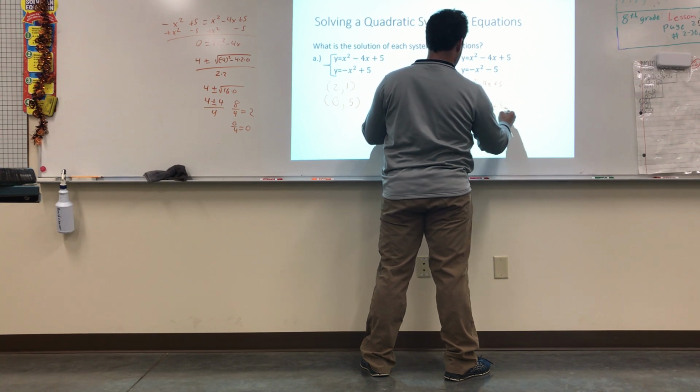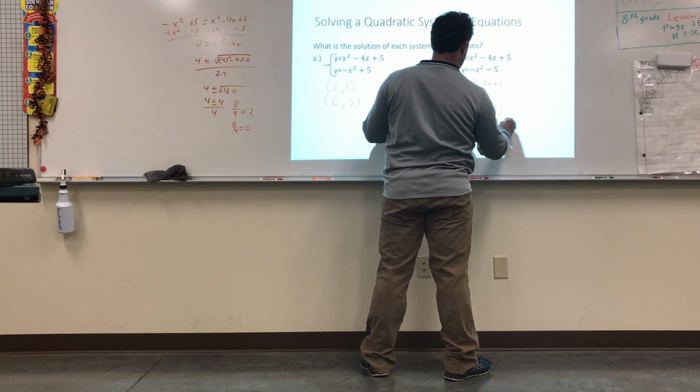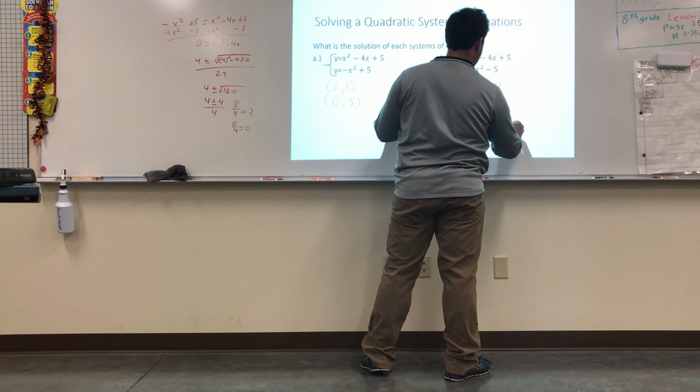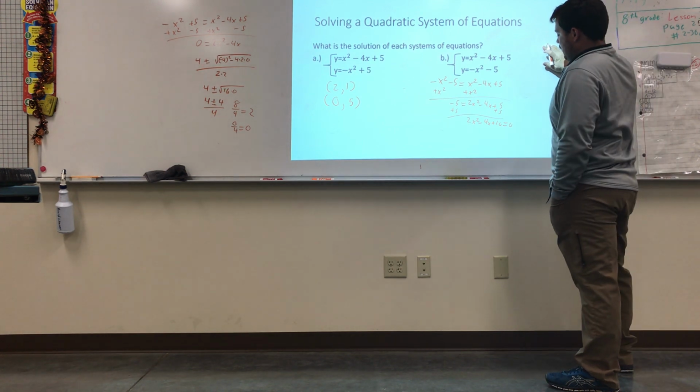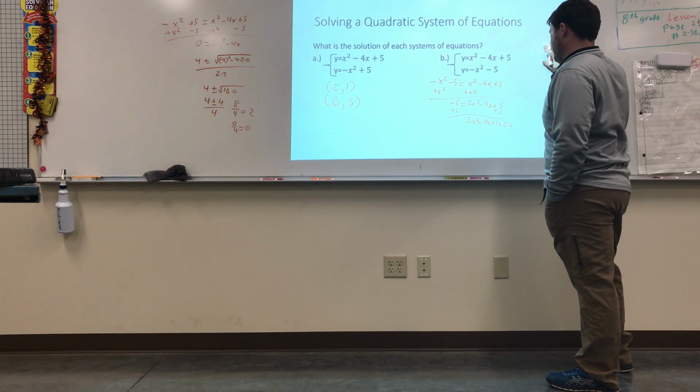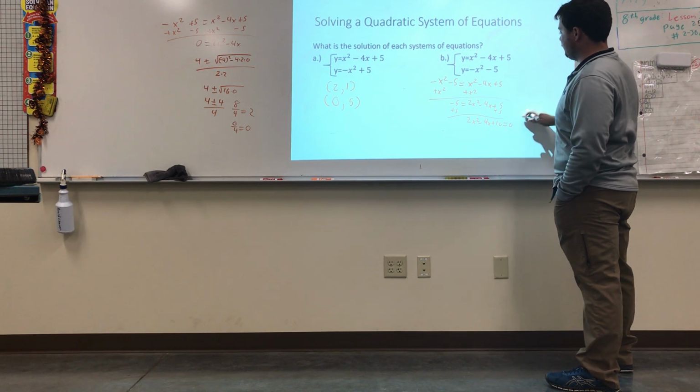Plus 5 plus 5. We're going to get 2x to the second minus 4x plus 10 equals 0. Okay, once again, you're going to use your quadratic formula. At least I don't believe factoring would actually even work on this one.